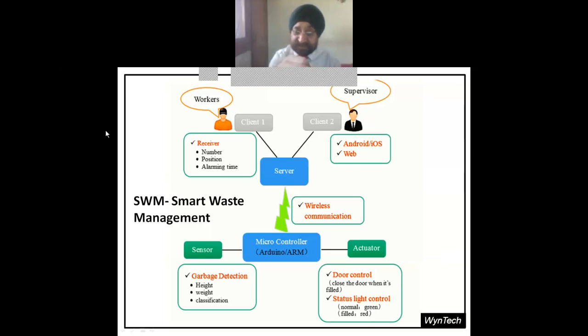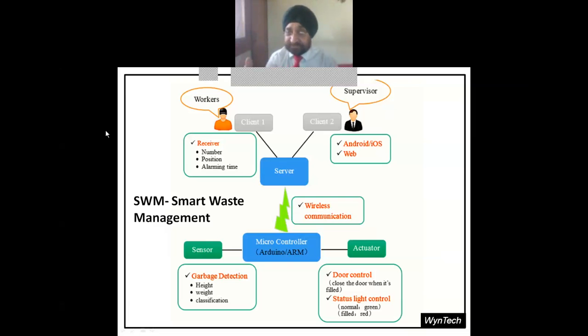Now the worker goes and cleans the garbage and gives the input to the supervisor, right? We can have actuators also. If the bin is full, we can instruct the actuator to close the lid. It will automatically close the lid, so that people should not put more garbage in because it's full.